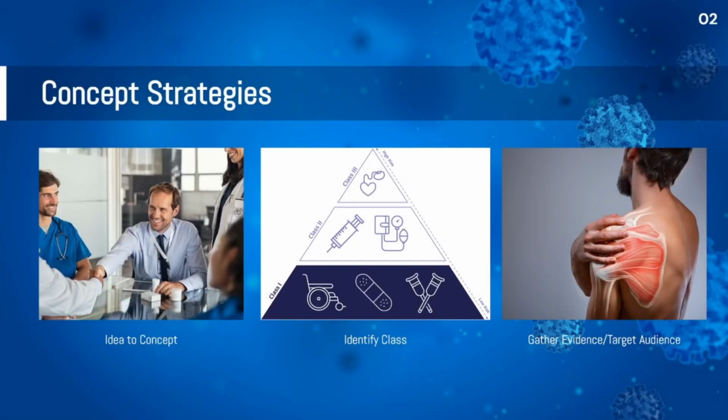Concepts usually come from a surgeon who has an idea on a concept they'd like to test. Some strategies that can be done at this stage is identifying early on the amount of work and regulations that will be required by finding out the medical class.